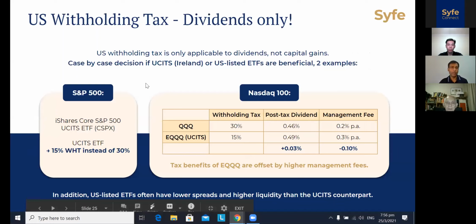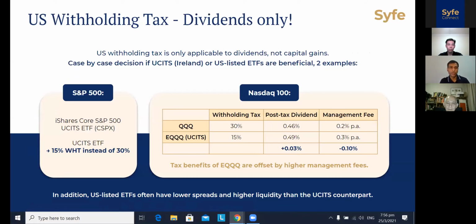Now, one more important thing to highlight, and I think a lot of investors have this question: there are some US ETFs which have dividend withholding tax, and how do you optimize that to make sure those dividend withholding taxes are minimized?